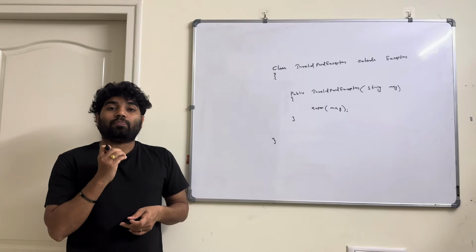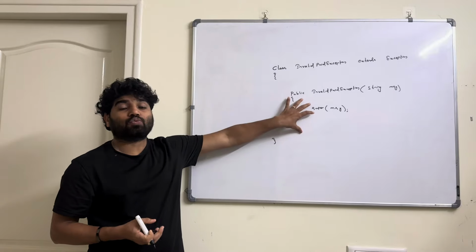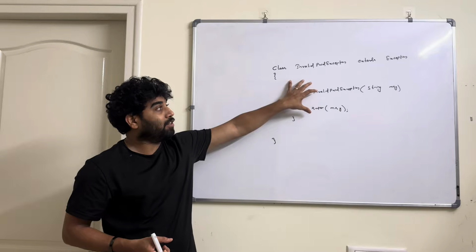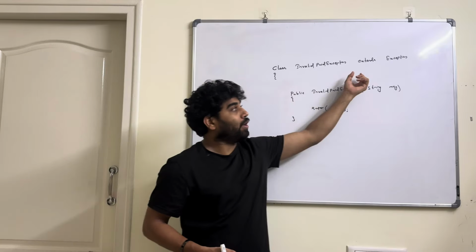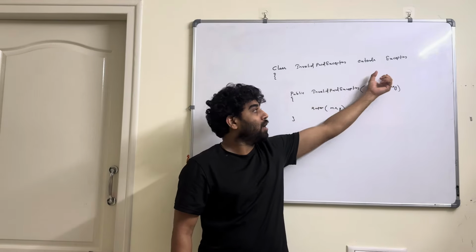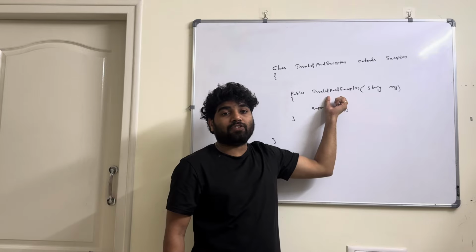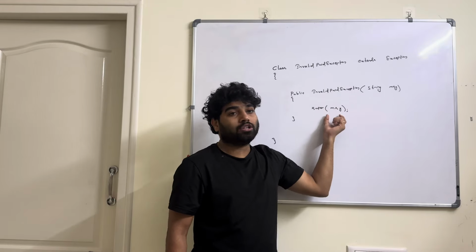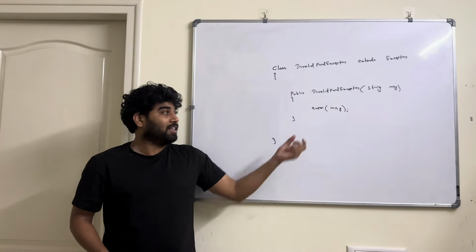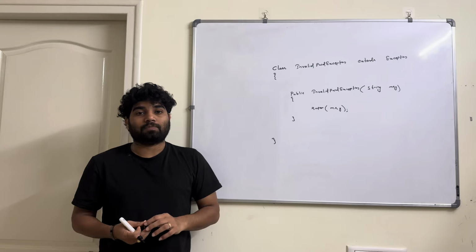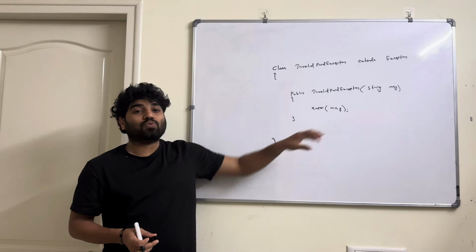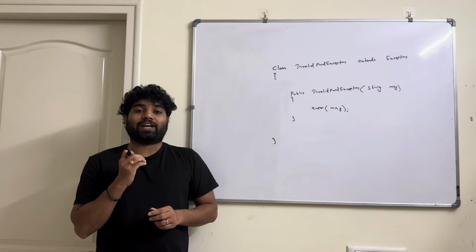We create a class, extend the Exception class, define the constructor, and call the superclass constructor by passing this message as an input parameter. This is how we write our own custom exception.